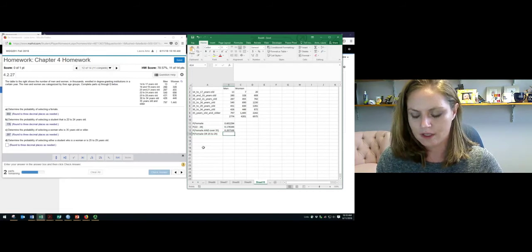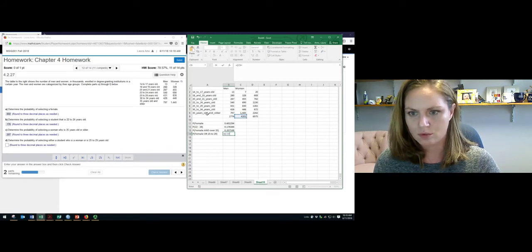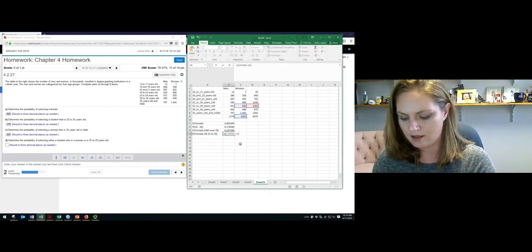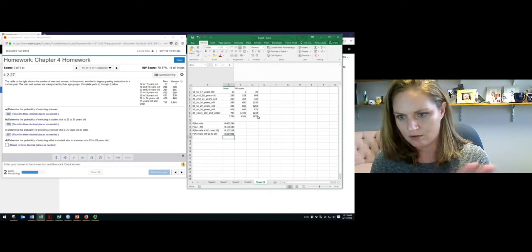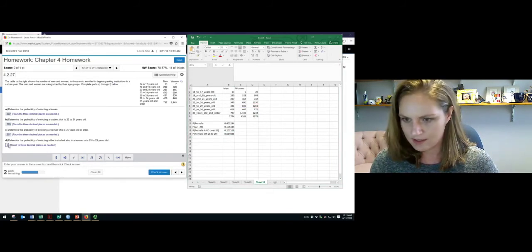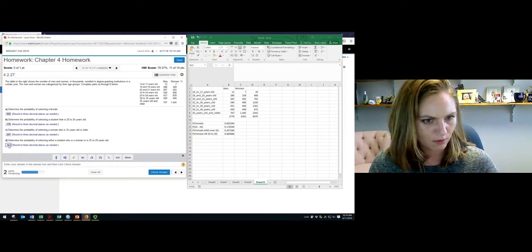The probability of being female is this, plus 25 to 29 is this. Remember, what do we have to do here? Subtract out that overlap. Good. And divide by the overall total. So about 0.64.